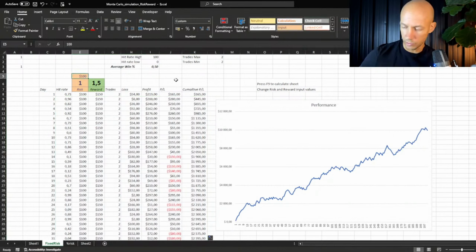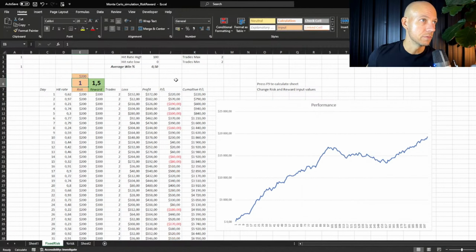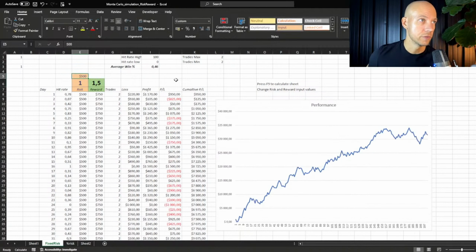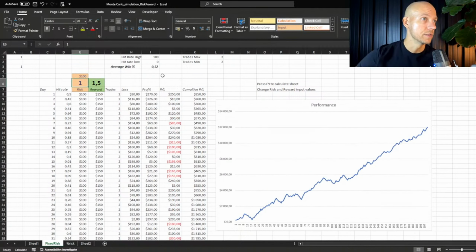Then you can play around with the amount you're risking. For example, if you want to make it more, you can do that, 500 or even 100 number of trades. You can also do the same calculation, which is RANDBETWEEN the bottom and the top, to get more trades or fewer trades within a day.